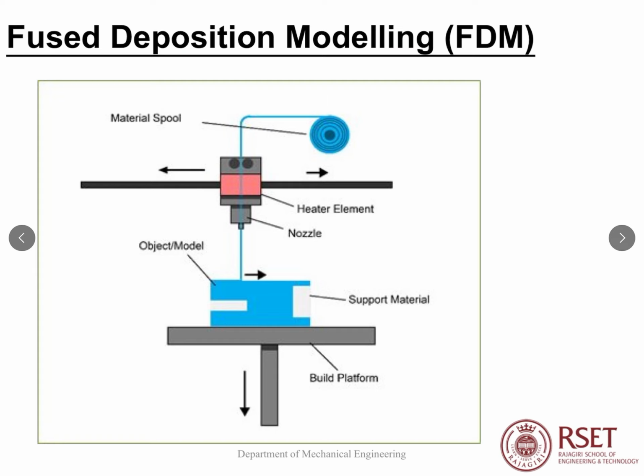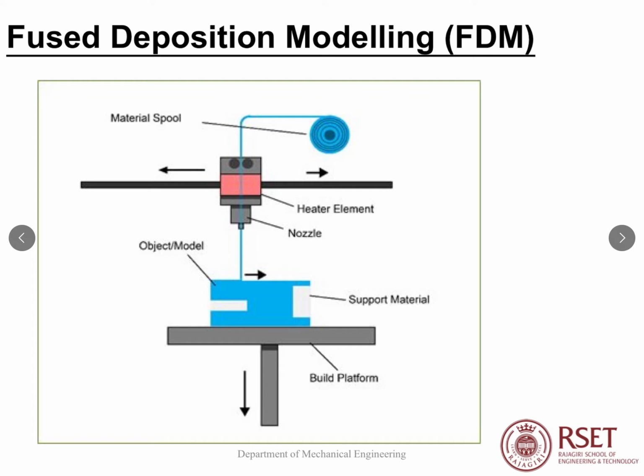In FDM, an object is built by selectively depositing melted material in a predetermined path, layer by layer, not by laser beam. Here we can see an extrusion head, which can be moved in X and Y direction with the help of programmable motors.